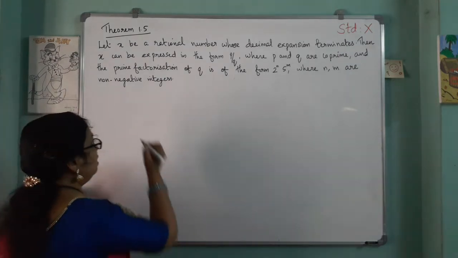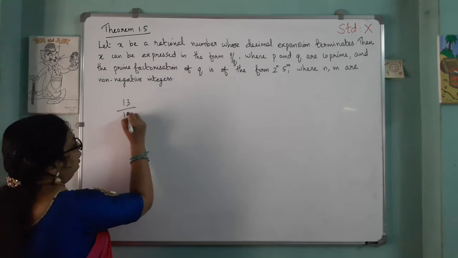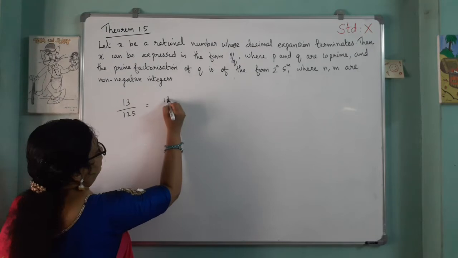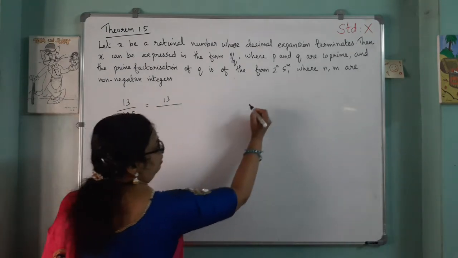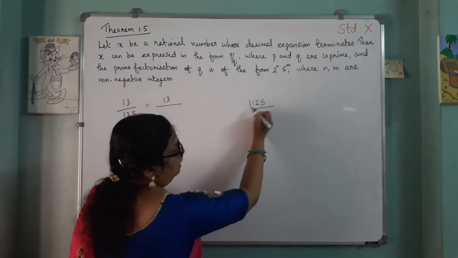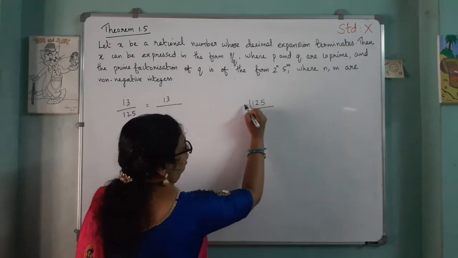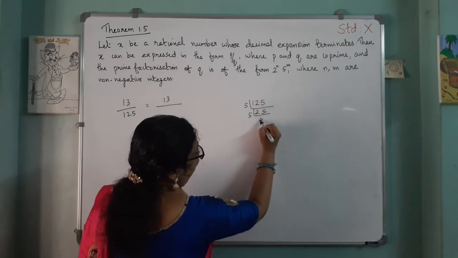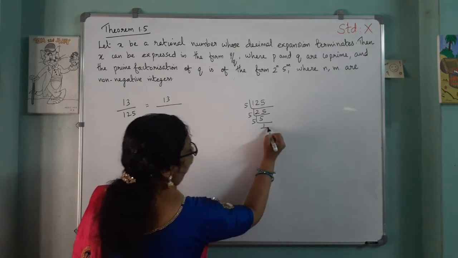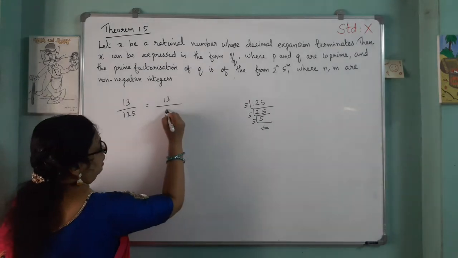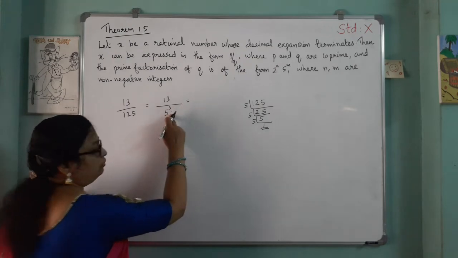And one more example, 13 divided by 125. 13 is a prime number. So 125 we can prime factorize: 5, 25, 5, then 5, 5, again 5, 1. So 5 cube is there.